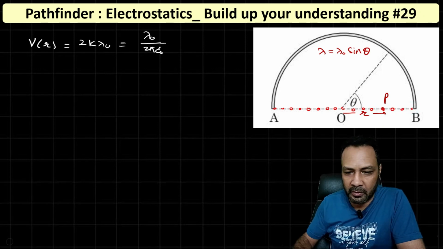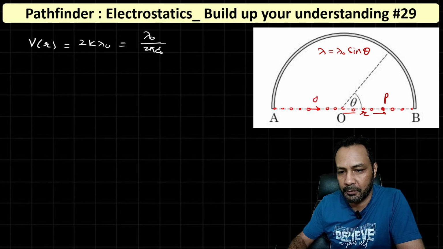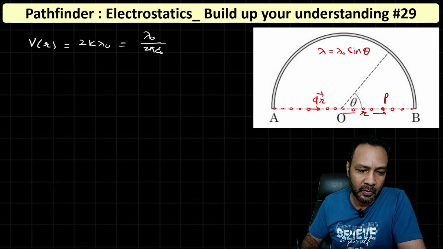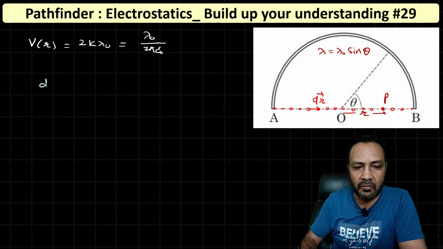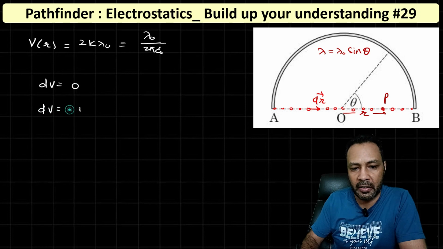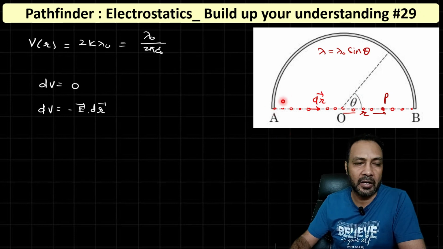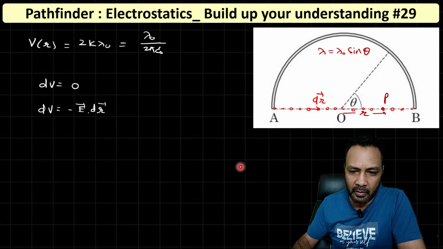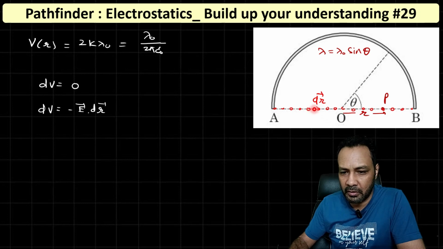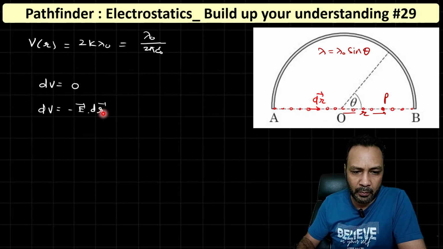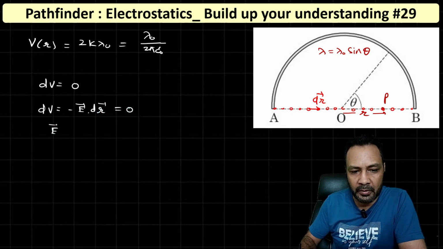So if I go from here to here along this path, displacement dr, potential is not changing, it means dv is equal to 0, and I know that dv is equal to minus E dot dr. And one thing is clear, that because of all these charges, the electric field would be in this plane only, if the charges are positive, in the away direction. So because from here to here dv is 0, E has to be perpendicular to dr.